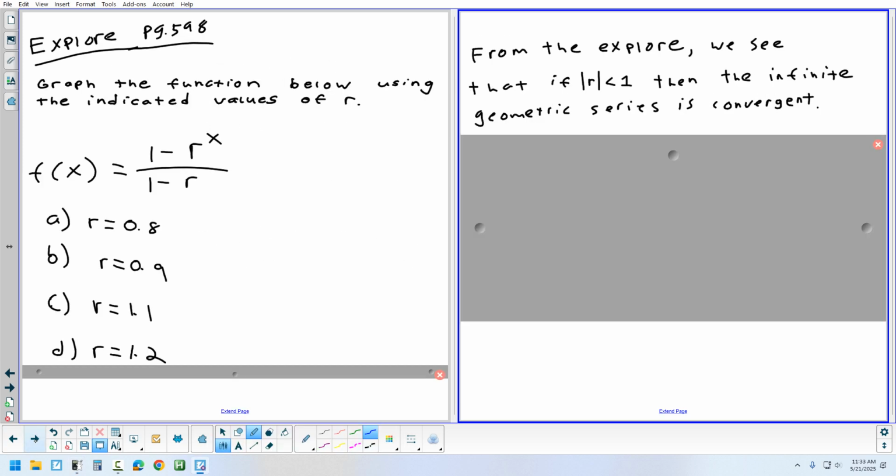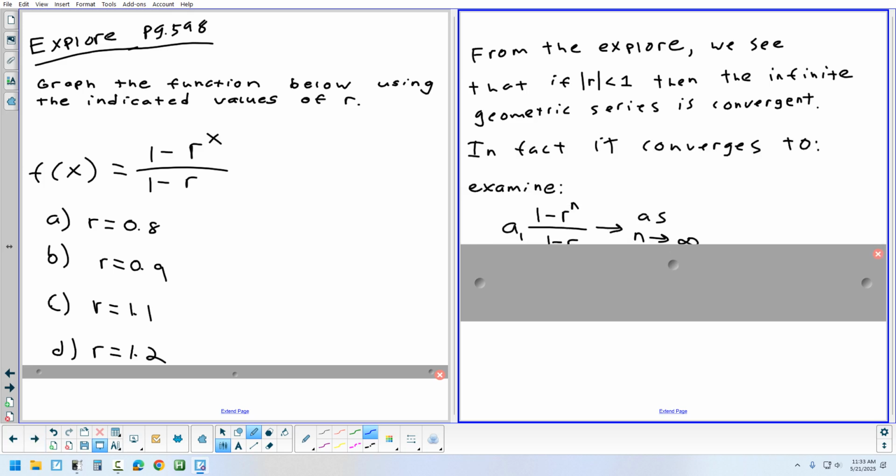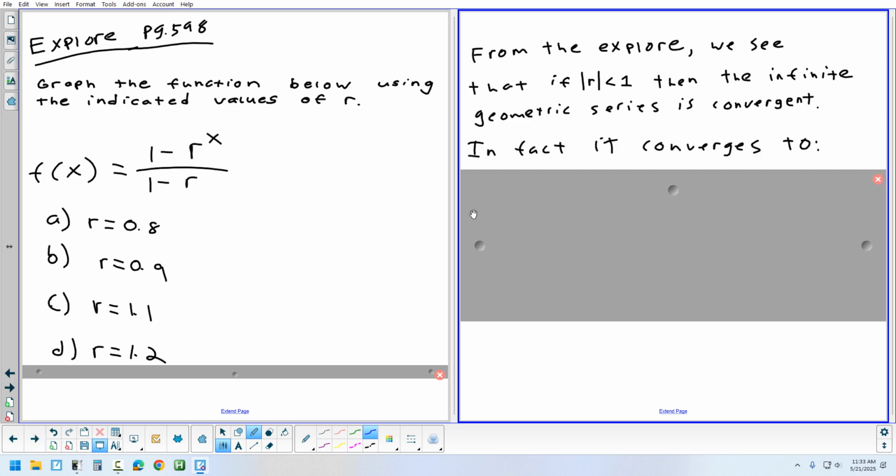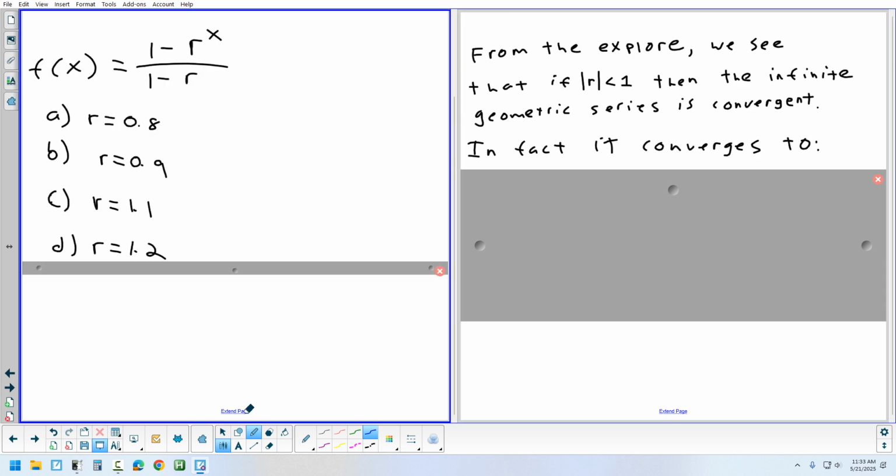So basically what ends up happening is if you multiply by an r value that has an absolute value less than 1, so anything between -1 and +1, that will be convergent. If you multiply by an r value bigger than 1 or smaller than -1, that will be divergent.